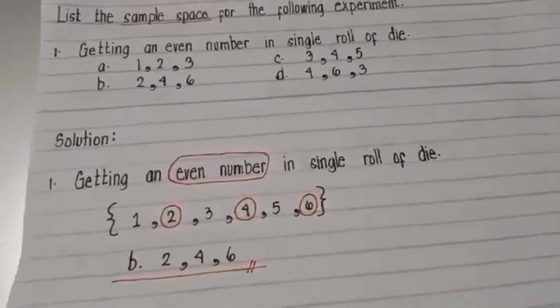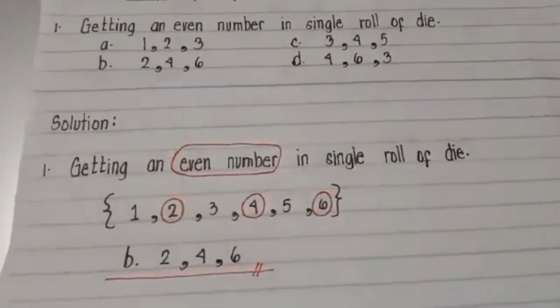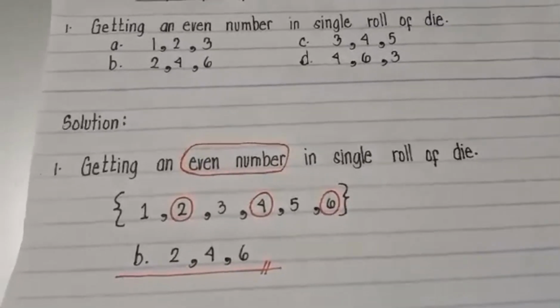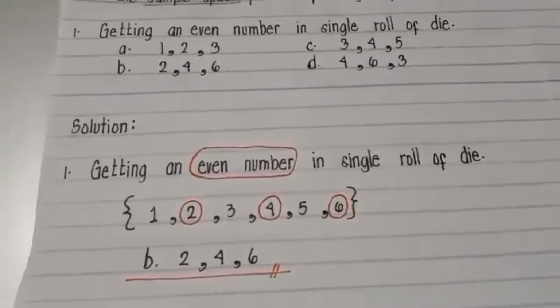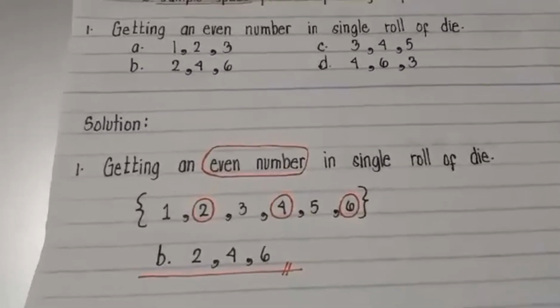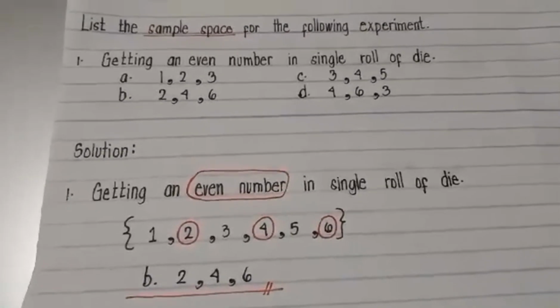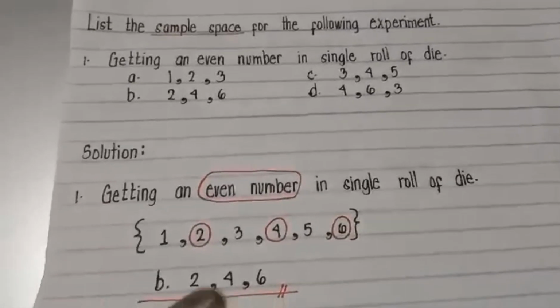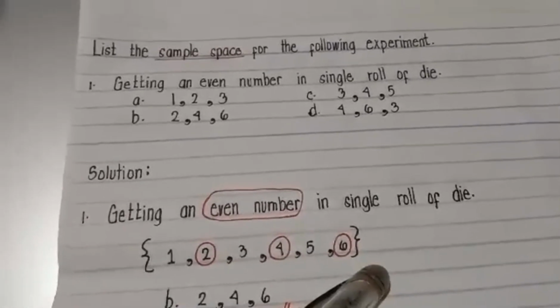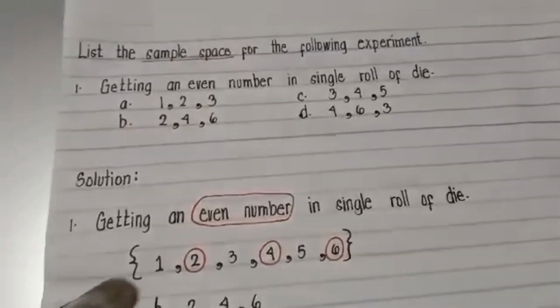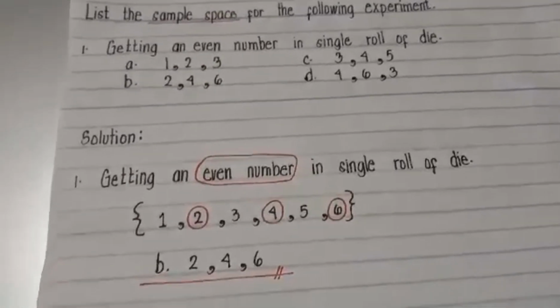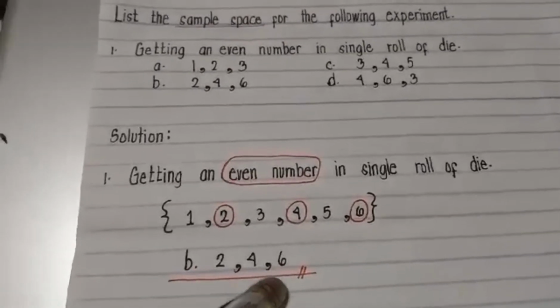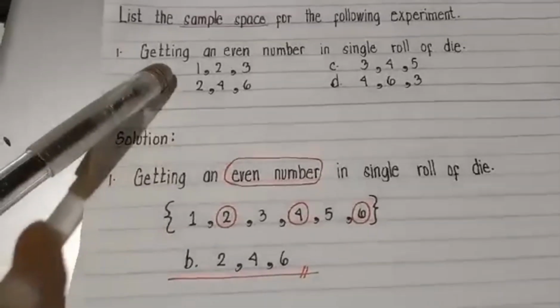There are 6 possible outcomes: 1, 2, 3, 4, 5, and 6. Since we are only getting an even number, it is 2, 4, 6. So the sample space is 2, 4, 6, which is letter B.